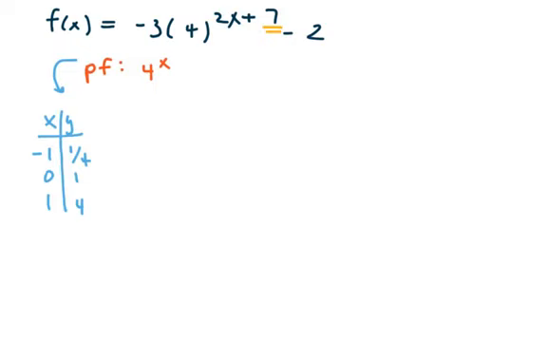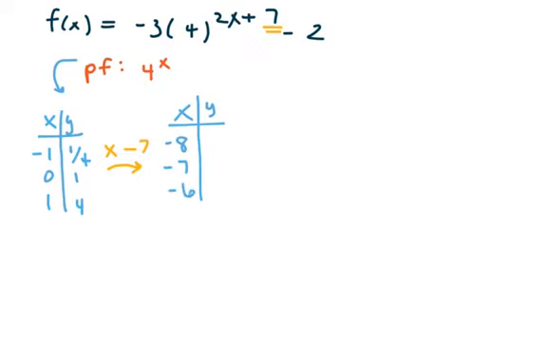Not only do we do it in the opposite order, we do the opposite operation for horizontal. Everything's opposite for horizontal. It says +7, so we're going to subtract 7 from all of our x's. -1 minus 7 is -8. 0 minus 7 is -7. 1 minus 7 is -6.